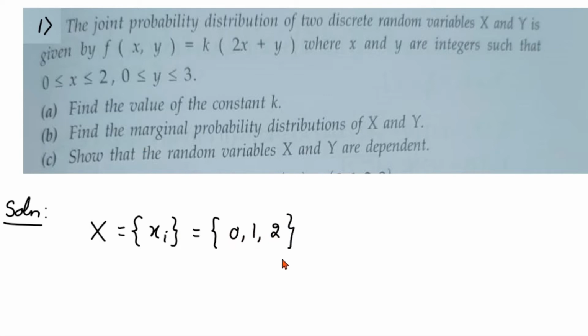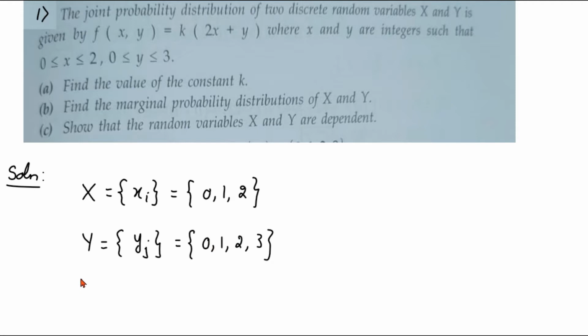And the set of values of y, represented by yj, the range of y is 0 to 3, so the values will be 0, 1, 2 and 3. And the function value that is given, f of x comma y, is k times 2x plus y.